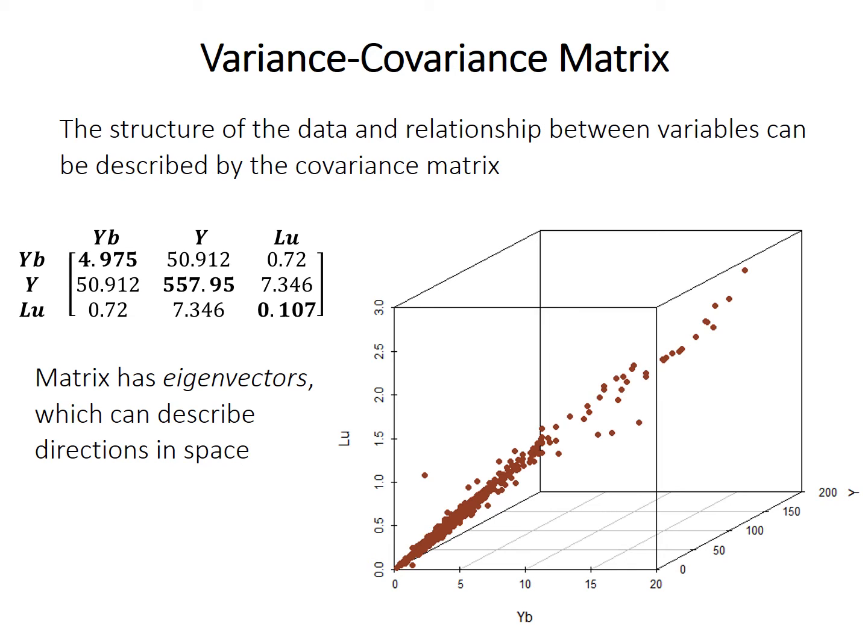And you may remember from the previous videos that vectors can be used to describe directions in coordinate space. I explained eigenvectors in more detail in the previous Mahalanobis distance video, so I won't go into them here. It's not that important, but just remember that matrices have these things called eigenvectors.